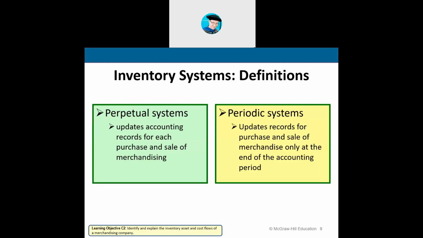So a barcode reader hits the barcode when you scan it. If it's a cash register and a customer is purchasing, it's taking it out of inventory at that second, right? And so it keeps an updated record for the sale of each piece of merchandise.